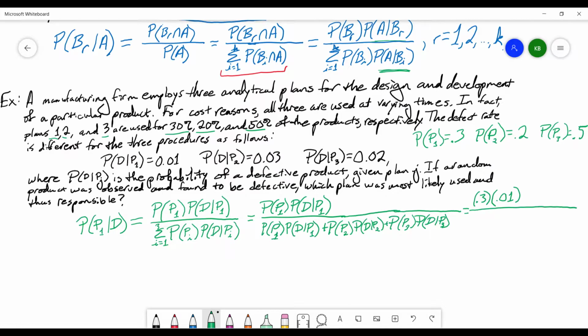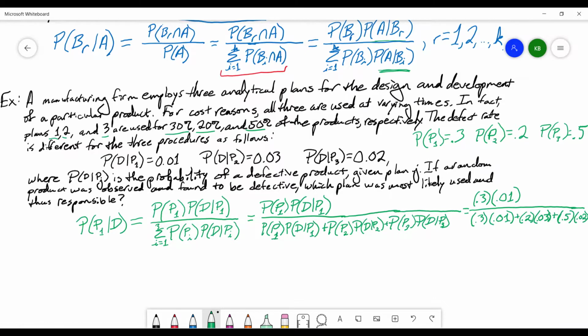This is all going to be divided by the probability of plan 1 being used, 0.3, times the probability of defective given plan 1 was used, 0.01, plus the probability plan 2 was used, 0.2, times the probability that it was defective given that plan 2 was used, which is 0.03, plus the probability that plan 3 was used, which is 0.5, times the probability it was defective given that plan 3 was used, which was 0.02.